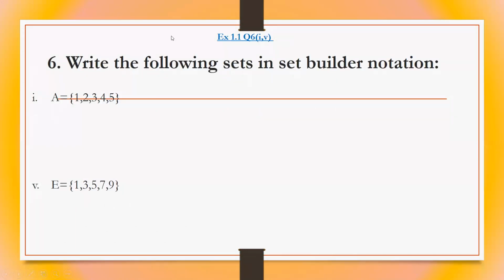A is equal to {1, 2, 3, 4, 5}. Anyone can raise their hand and give me the answer for question number 6. Yes, Zain Fahim.